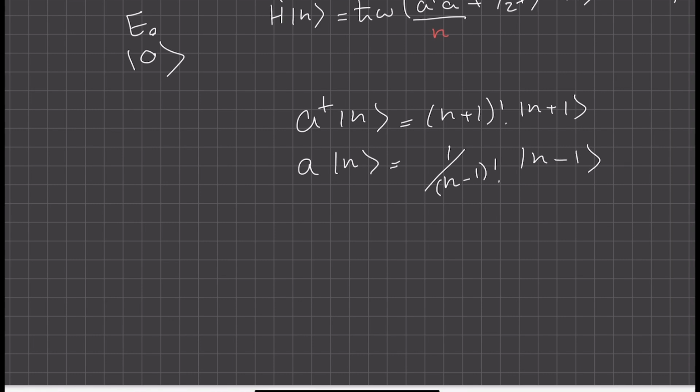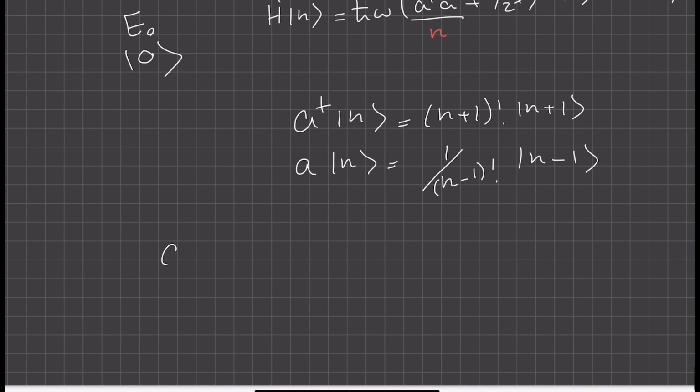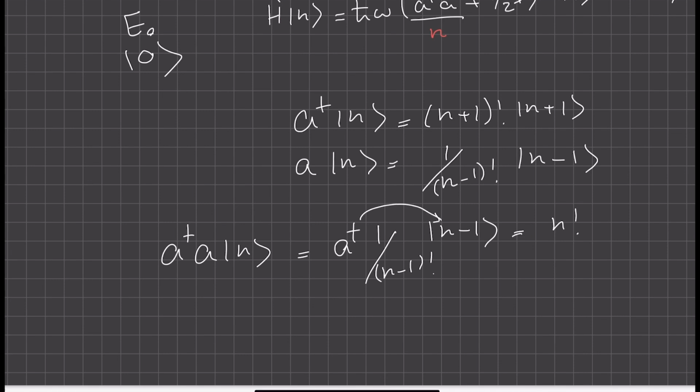That is a kind of symmetry between them. Then A dagger A acts on N, it gives me A dagger times 1 over N minus 1 factorial, N minus 1. And then A dagger acts on N minus 1, it gives me N factorial, N. And then N factorial over N minus 1 factorial would be N.